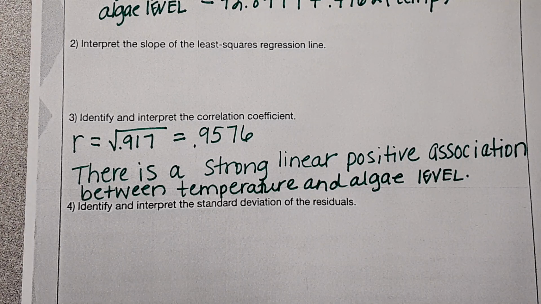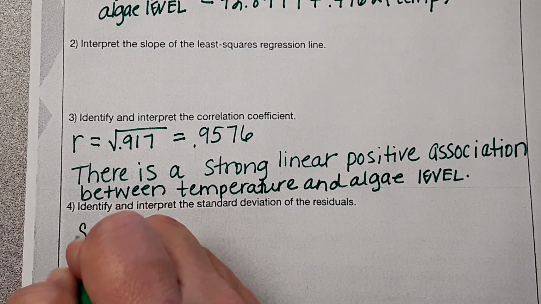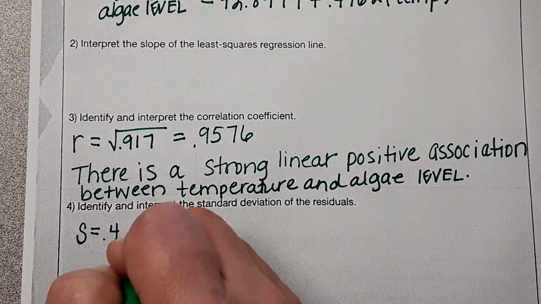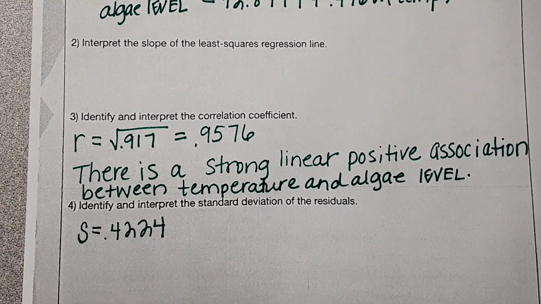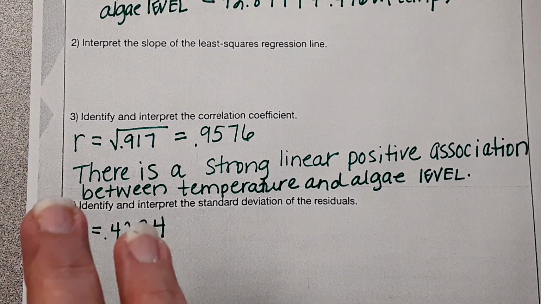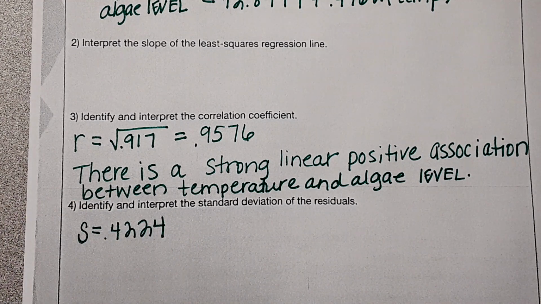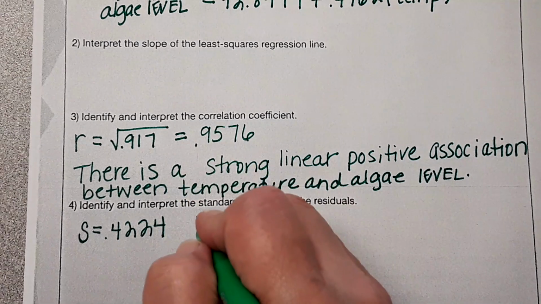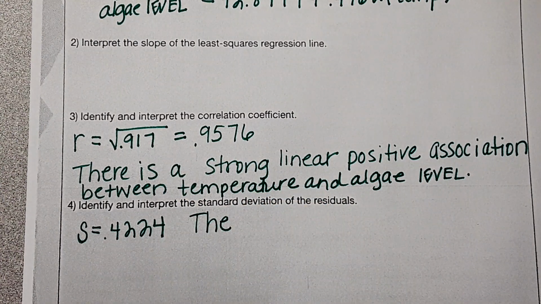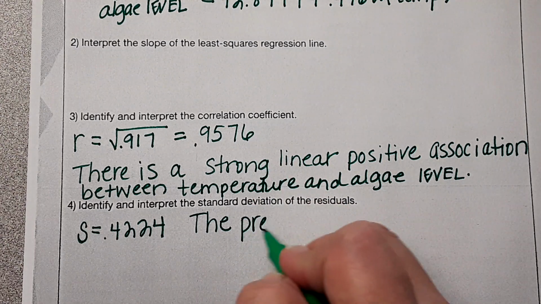Okay, so identify and interpret the standard deviation of the residuals. So the standard deviation of the residuals is 0.4224. So they're testing you. Can you look at the computer output and pick out your residuals, that standard deviation? That's the first thing, because I want to see if you can read this computer output. The second thing is, can you interpret it? So I'm going to interpret it for you. Residuals are based on that predicted, right? So the predicted, and what are we trying to predict?